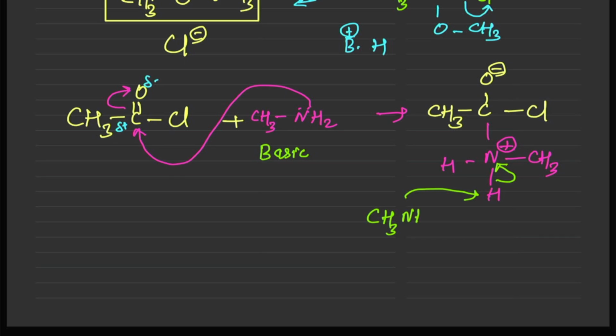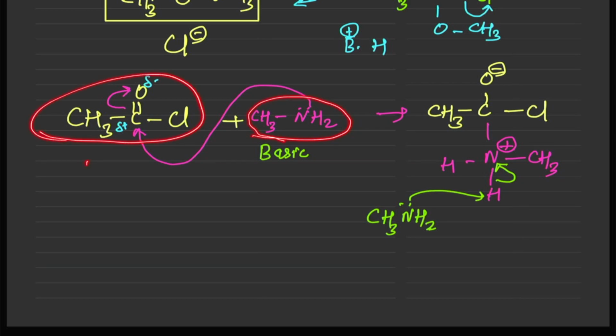So one of the amines is going to go and attack that hydrogen. So let's say if you have 100 of these and 100 of these, you cannot drive the reaction to completion because 50 of these would be utilized to abstract the protons.